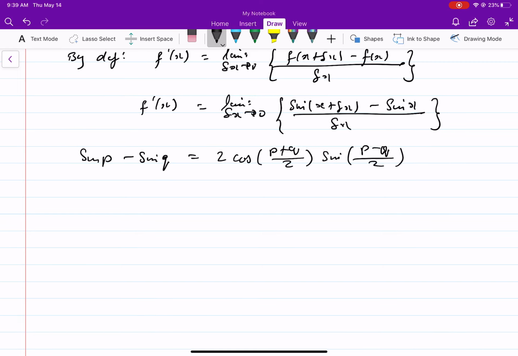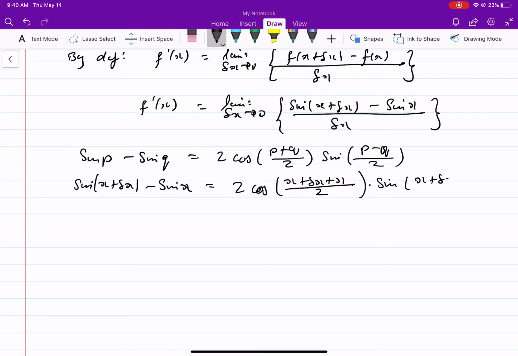So, sine of x plus delta x minus sine x. Clearly your P is x plus delta x and your Q is just x. So that will be 2 cos of P plus Q, x plus delta x plus x over 2, times the sine of P minus Q, x plus delta x minus x, upon 2.